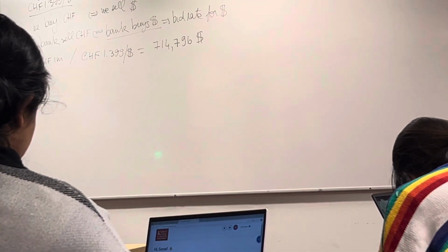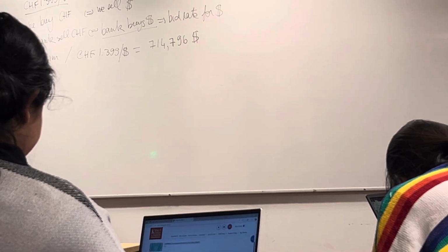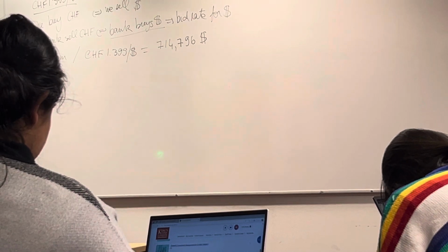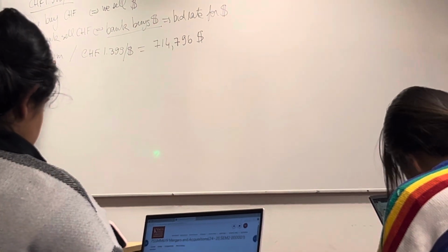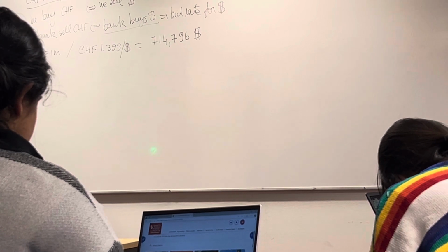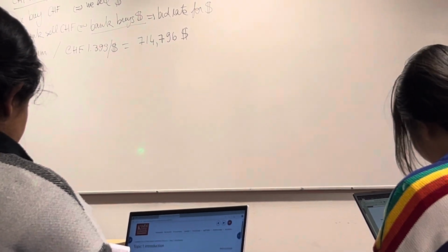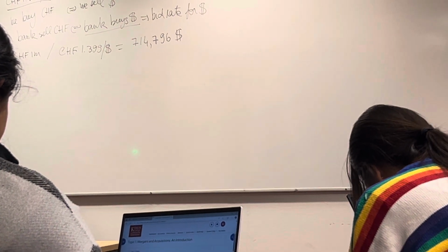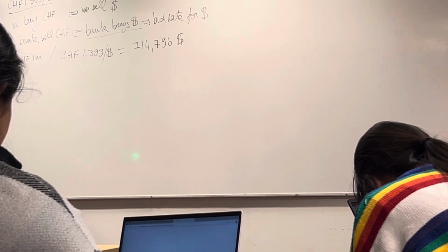So anyway, the dollar cost, i.e. how much is the equivalent of a million CHF in dollars. And it is a cost because you're buying it, you're paying it. So that's why it is called a cost. It's basically asking you to convert 1 million CHF into dollars.